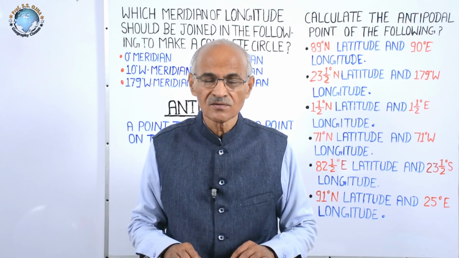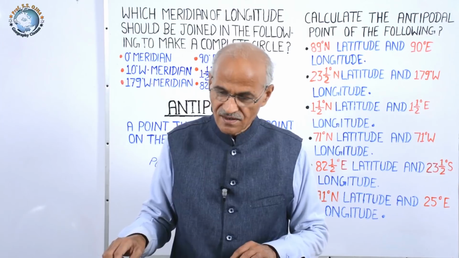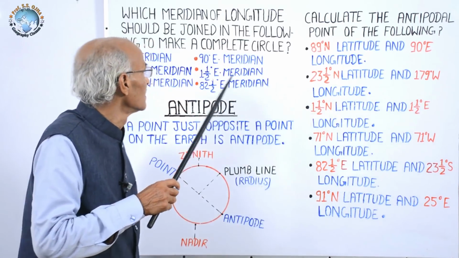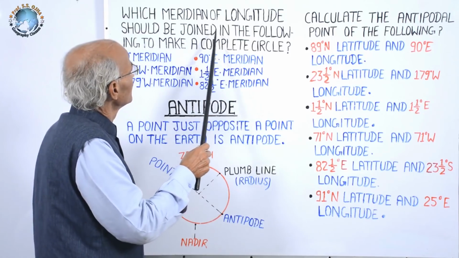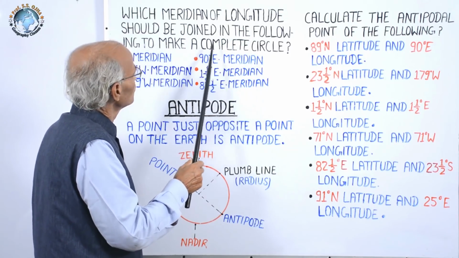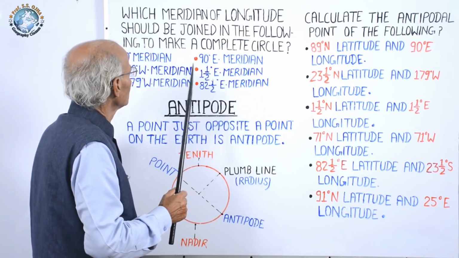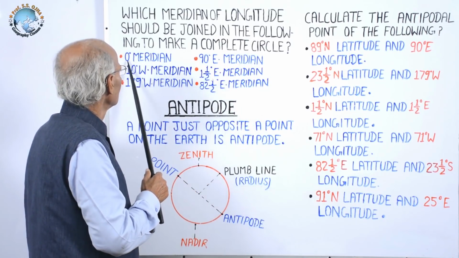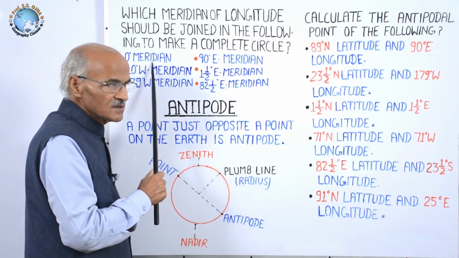Now let us do some exercises of opposite meridian. Here there is a question: which meridians of longitude should be joined to make a complete circle? Zero meridian. If the question is zero meridian, what will be its answer?